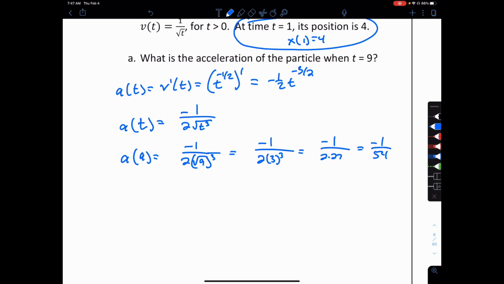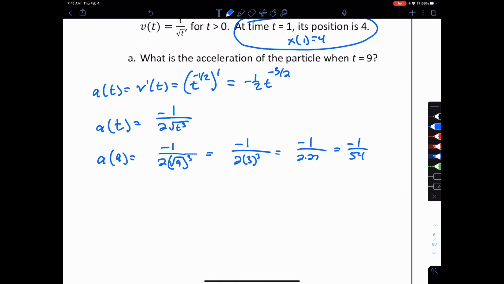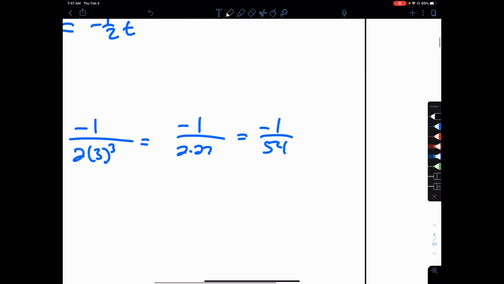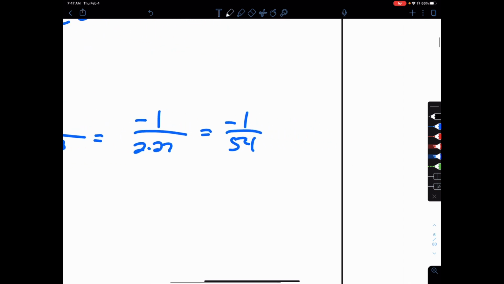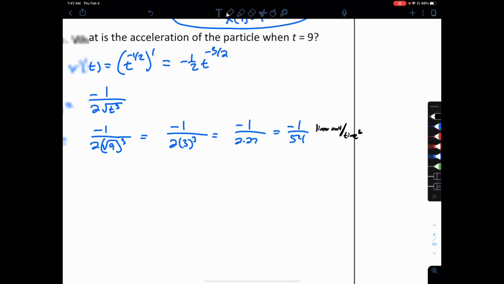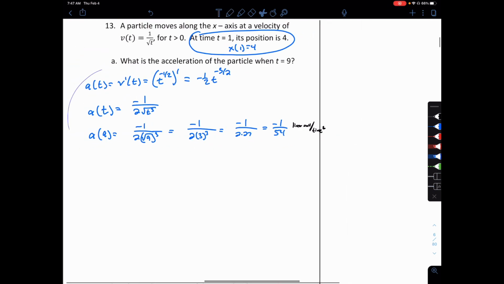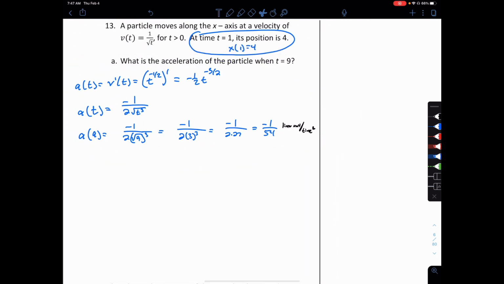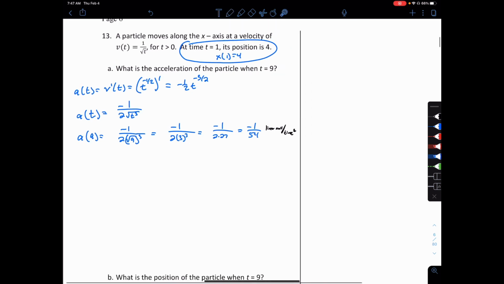It doesn't say what type of units. We don't have to give units, but let's just say that we want to be a little bit crazy. This is going to measure in linear units per unit of time squared. Acceleration, the time's always squared. So what's the acceleration when t equals 9? We got it.